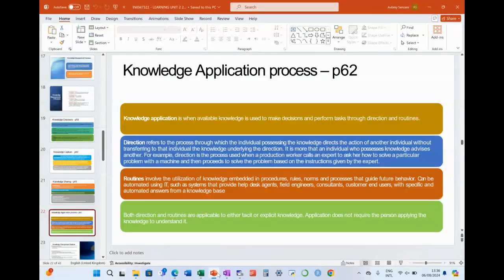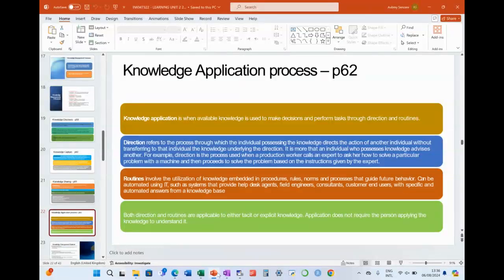Finally, both direction and routines are applicable to either tacit and explicit knowledge. Application does not require a person applying the knowledge to understand it.